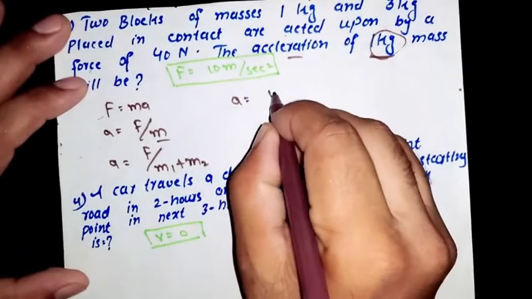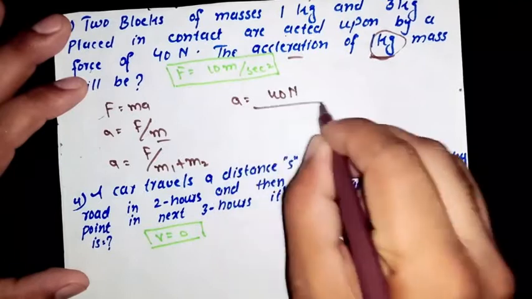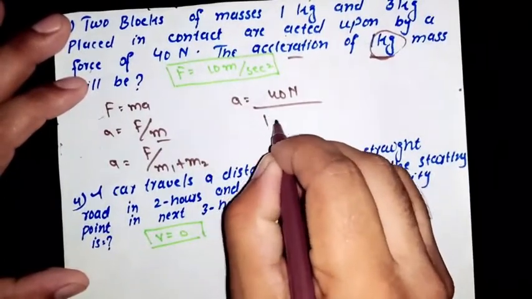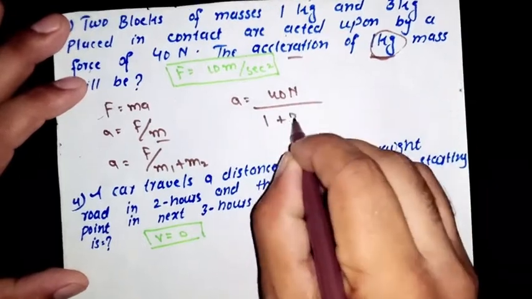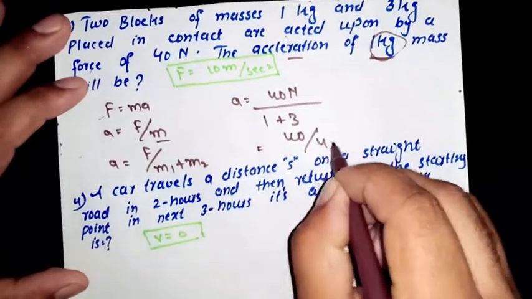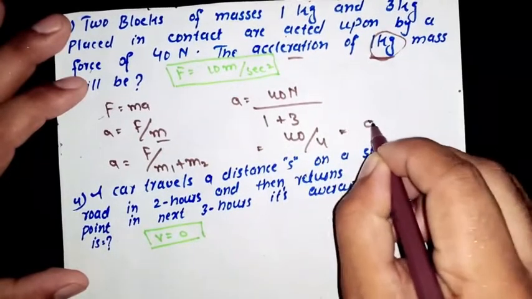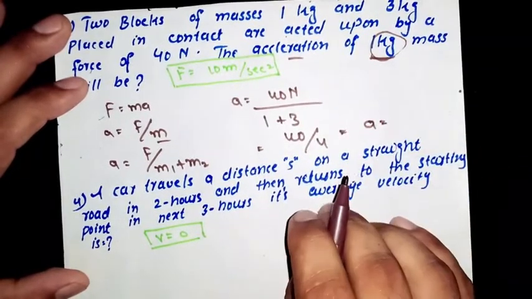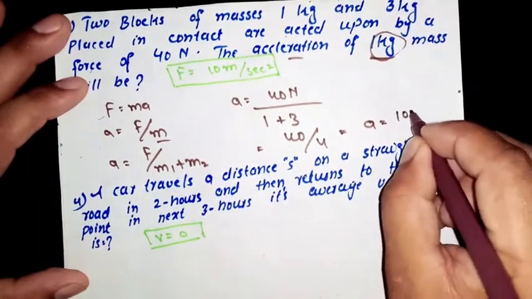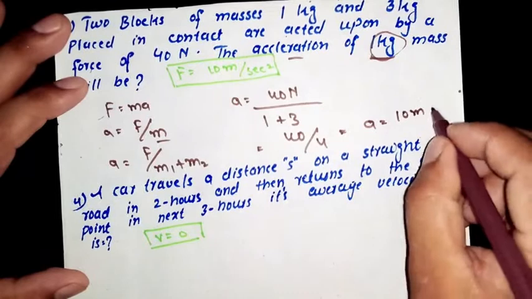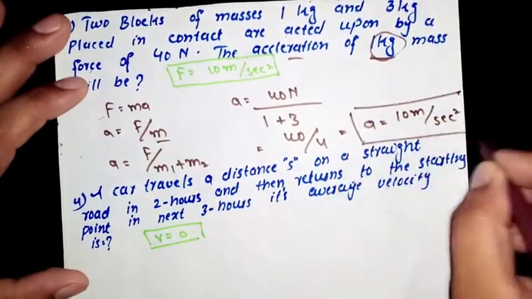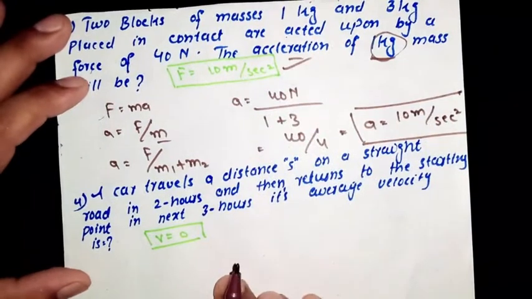Force is equal to 40 Newton divided by the masses, 1 kg plus 3. This will become 40 divided by 4. So the acceleration we get will be 10 meter per second square. So the correct option is 10 meter per second square acceleration.